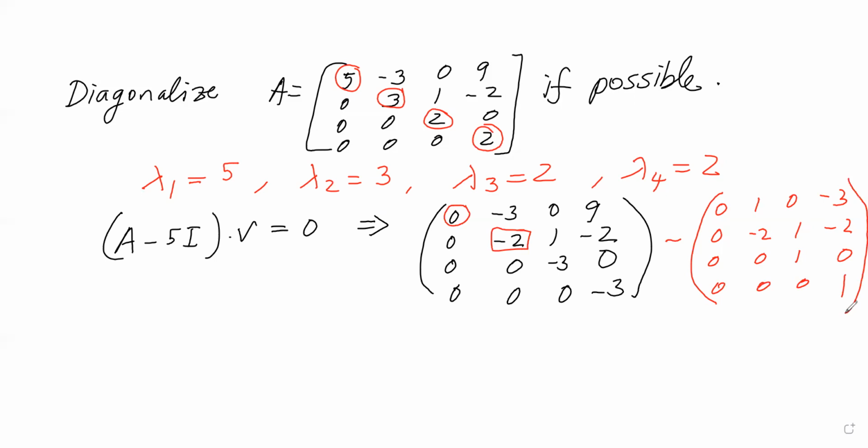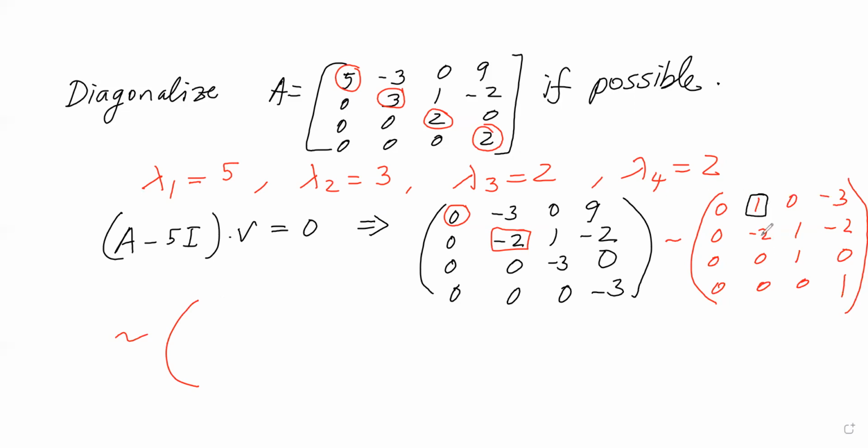Okay. Then to continue here, I can just make this entry here 0. If I start from this number here, I'll make everything below 0.